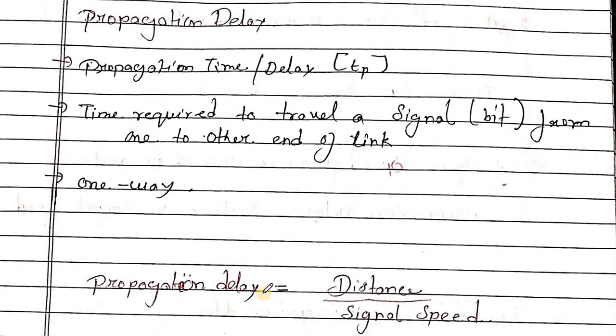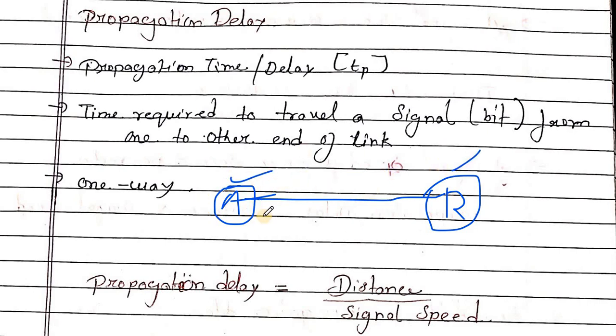Now the propagation delay. The propagation delay is the time required for the last bit of a frame to travel from transmitter to receiver. Here is the transmitter and here the receiver. After putting all packets into the channel, the packets travel from here to here.